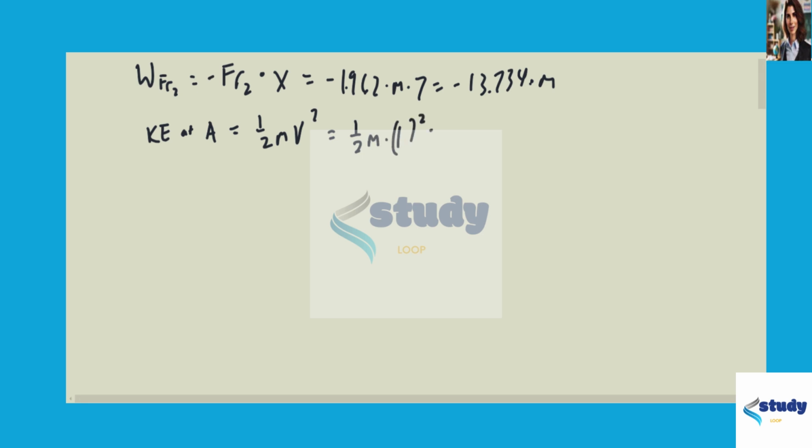So it's 1/2 times m times 1 squared, and that is 0.5 times m. This is kinetic energy A. Kinetic energy at C at the end, same equation. We don't know the mass or the velocity yet, so we can just leave them as variables.